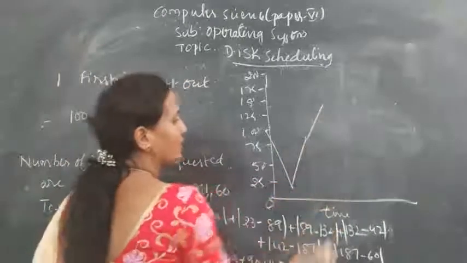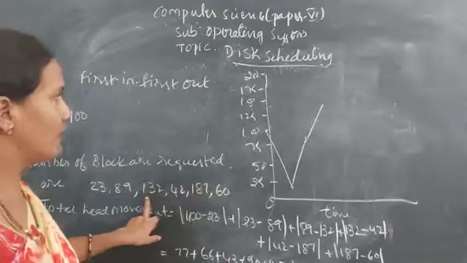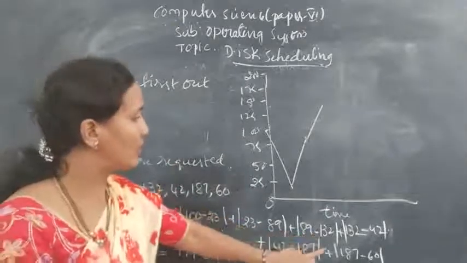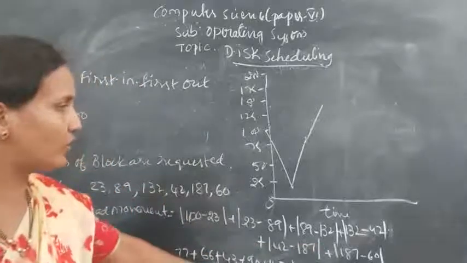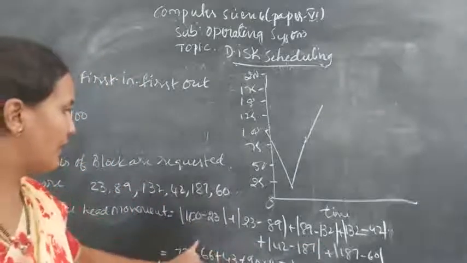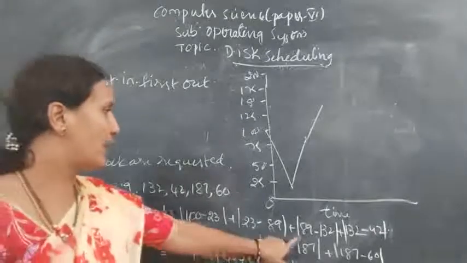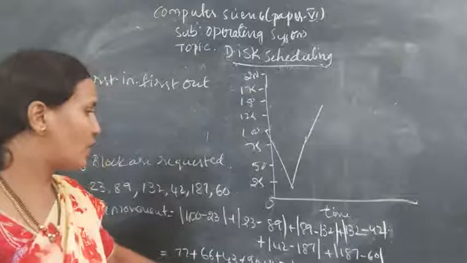For the time, for example, you can take 5 milliseconds. From 89 to 132 you need to observe the difference: 100 minus 23 is 77, 23 to 89 is 66, 89 to 132 is 43.